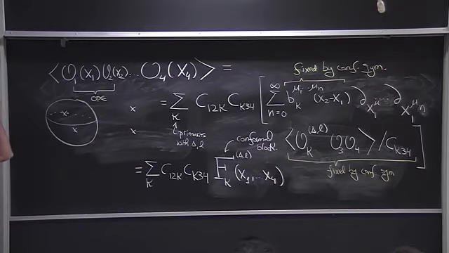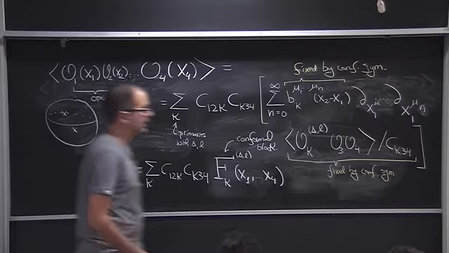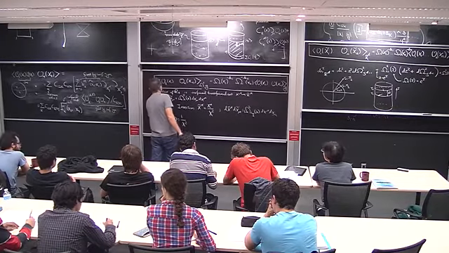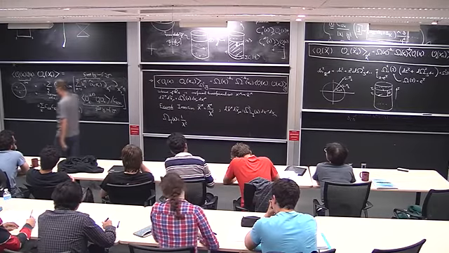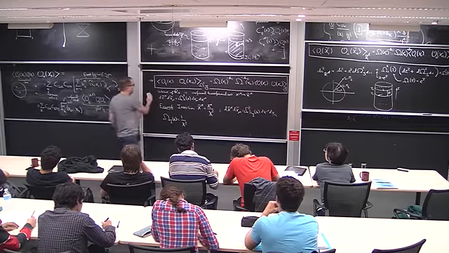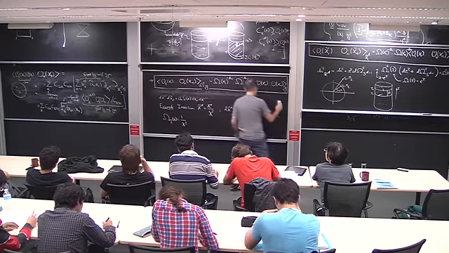Okay? So this is the famous picture that you probably have seen before, that we can write any 4-point correlation function as a sum over what flows in the OPE of two of the operators.